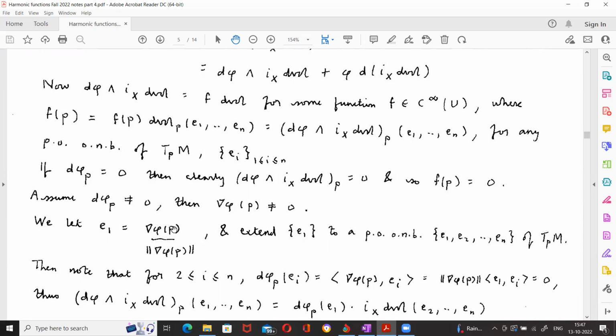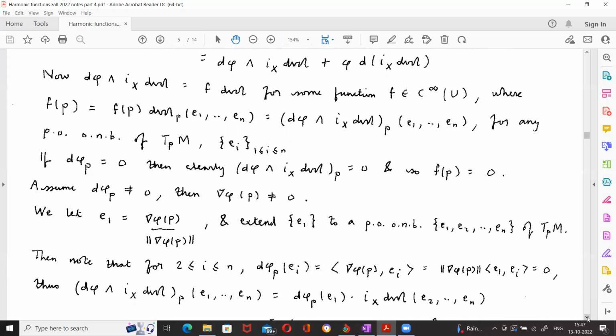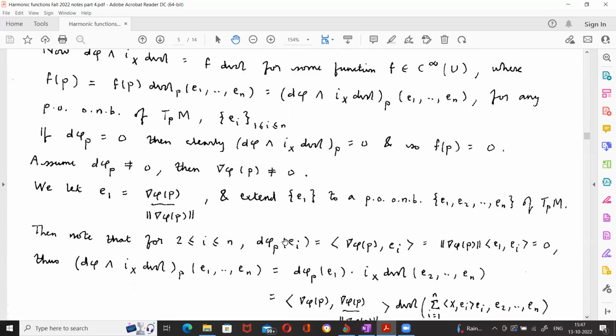So that means that if i is between 2 and n, then d phi_p of e_i, which by definition is the inner product of grad phi_p with e_i, is going to be 0, right? Yes, we've chosen our orthonormal basis in such a way that d phi vanishes on e_2 up to e_n.